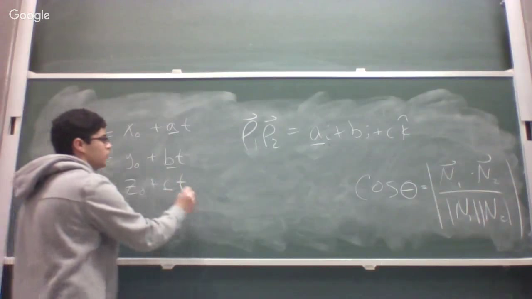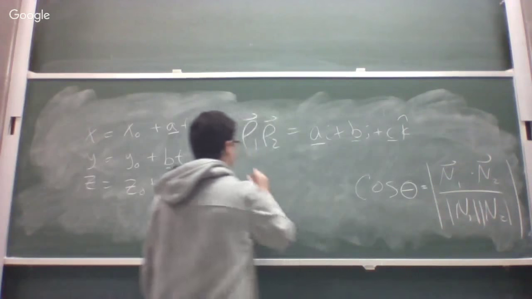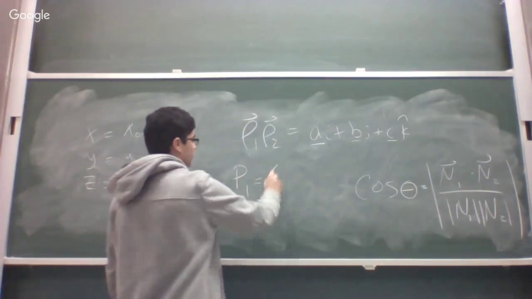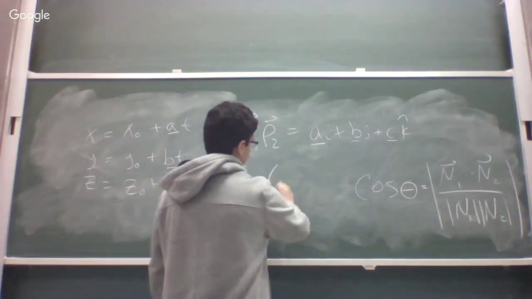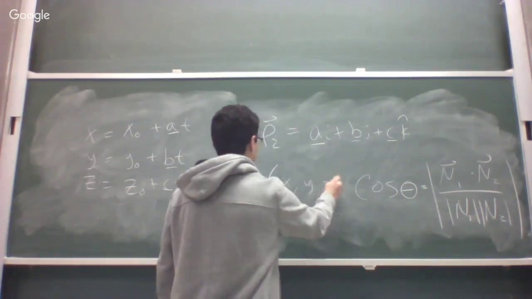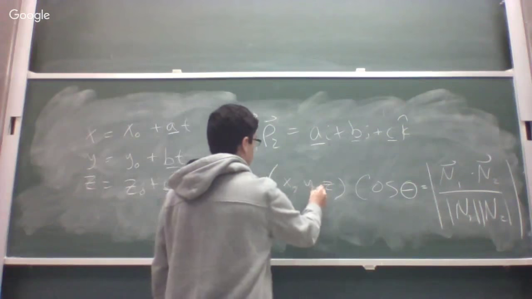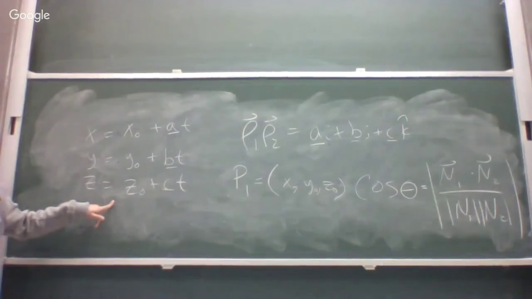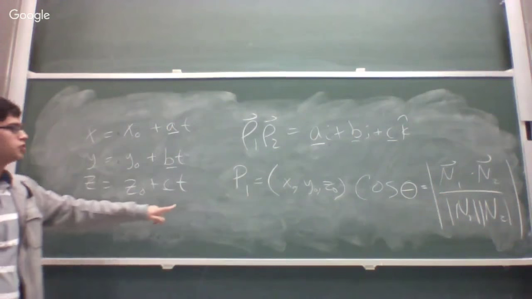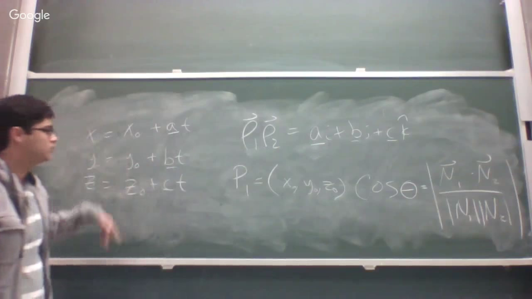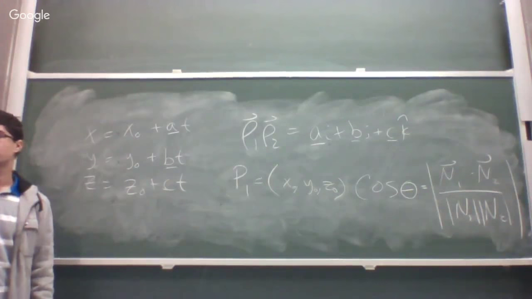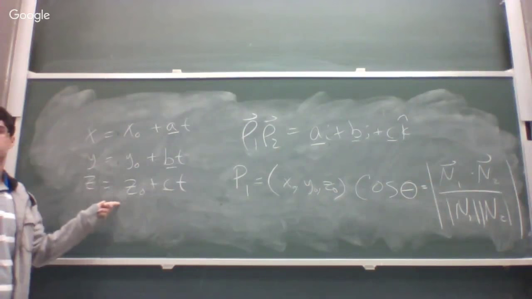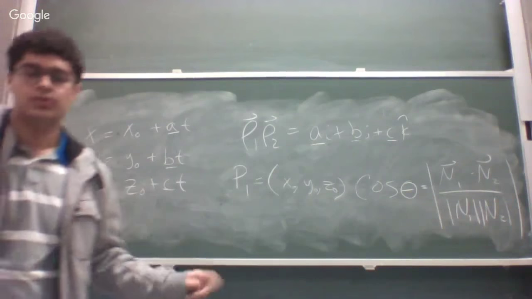Same thing for B and C. And if a point on P1 was x comma y comma z, or x naught, y naught, z naught, those would equal that, okay? You could use the points from P2 or P1 for the x, y, and z values. That's how you get to them.